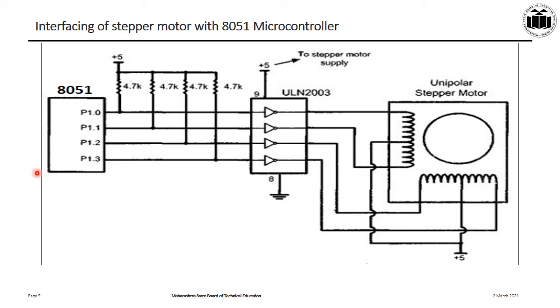So this is microcontroller 8051. On port 1, the ULN 2003 driver IC is connected. The 4 windings are connected to the IC and the common wire is connected to supply.